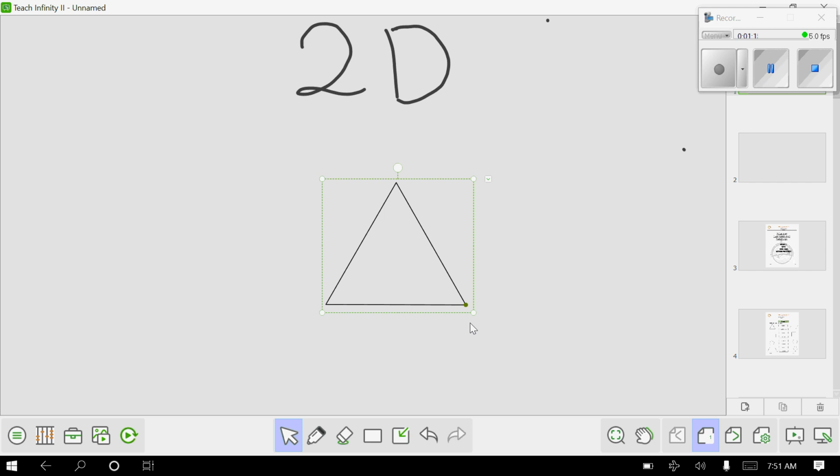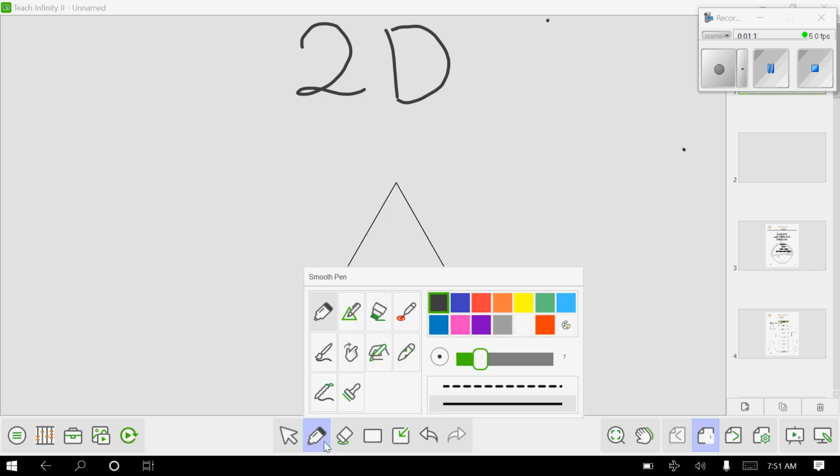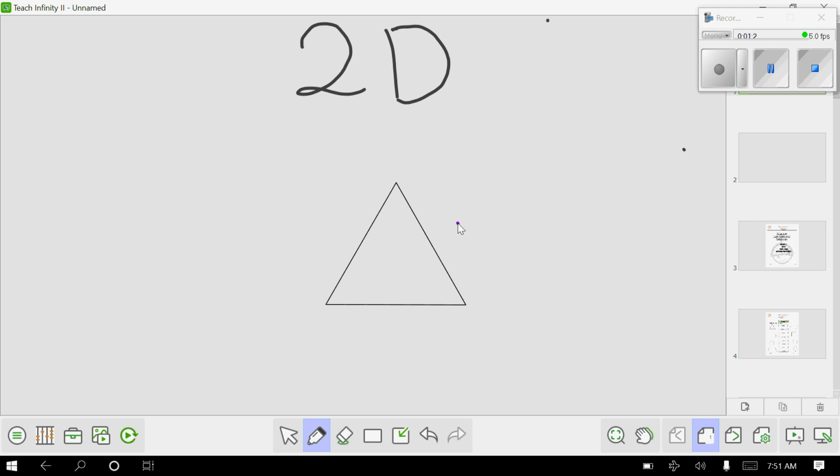In the triangle, I have one, two, three vertices, and three sides, and three angles. So again, three sides, three vertices, and three angles.